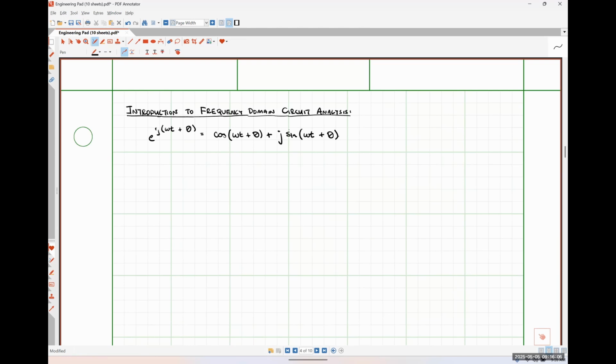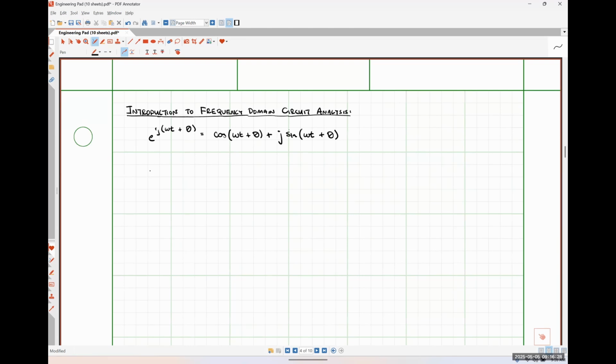That is literally just how we convert from exponential form into a rectangular form complex number. So you guys are actually already familiar with this because these are the ways that we went back and forth with it in our last class week.